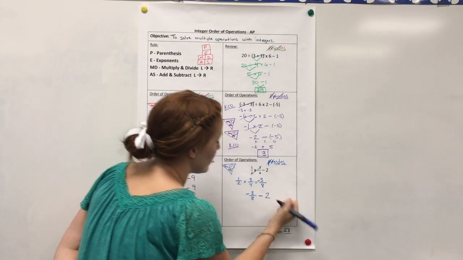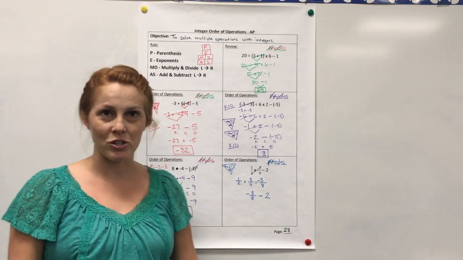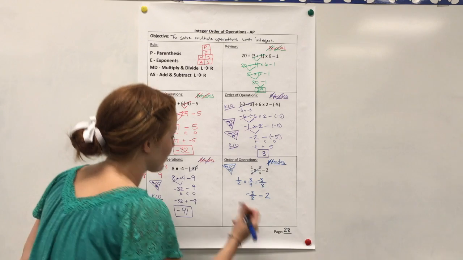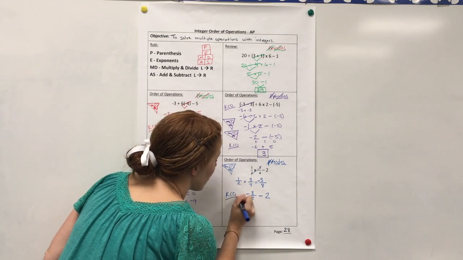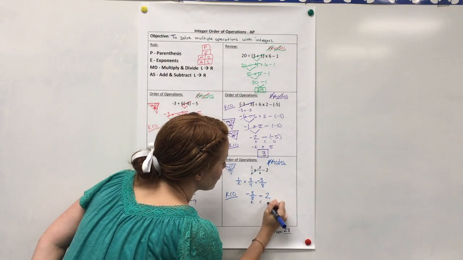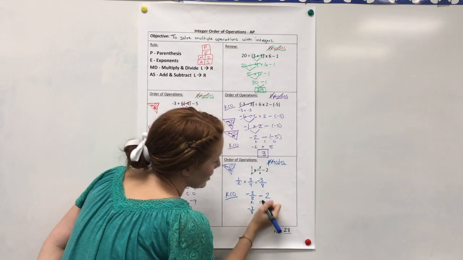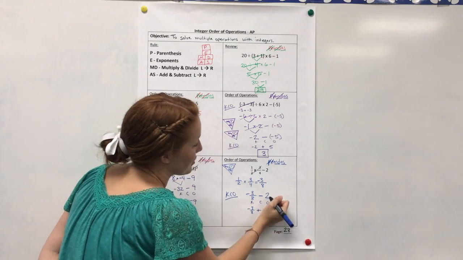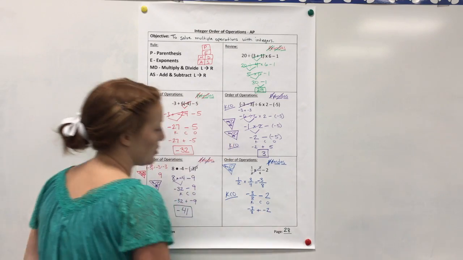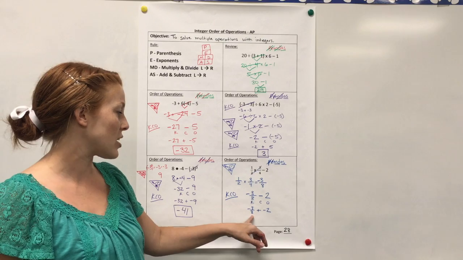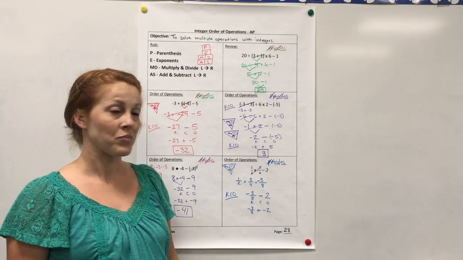Well, now I have subtraction, so what do I have to do? KCO. Keep, change, opposite. So I keep negative 3/8, change to plus, make 2 into negative 2. Okay, so now I have negative 3/8 and negative 2.